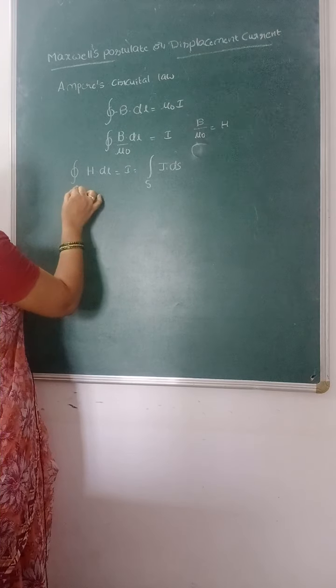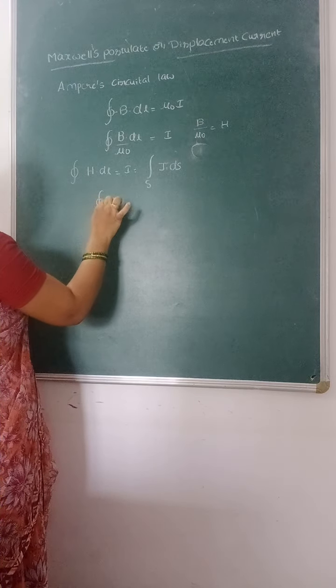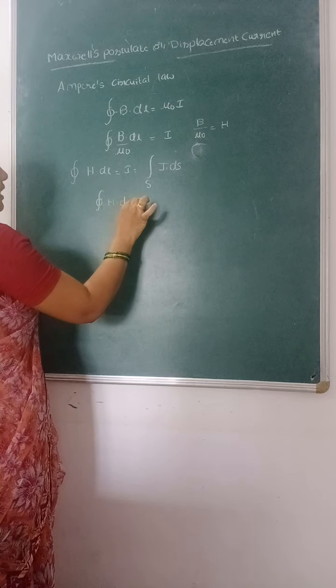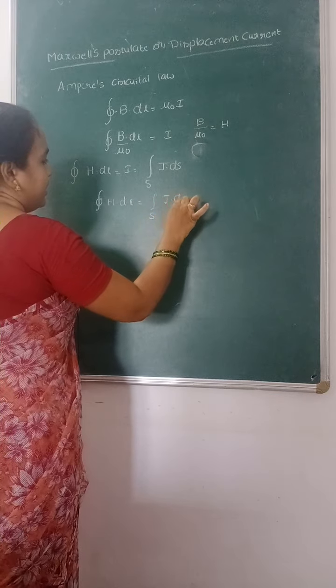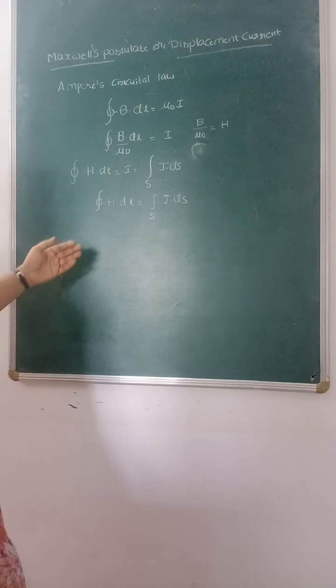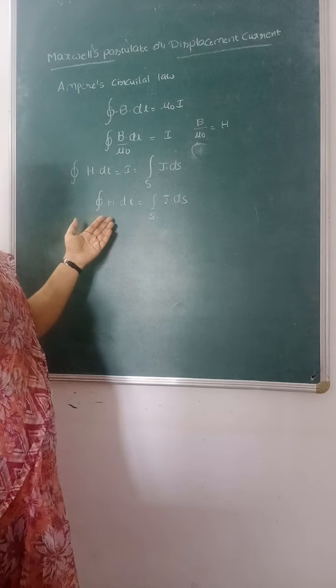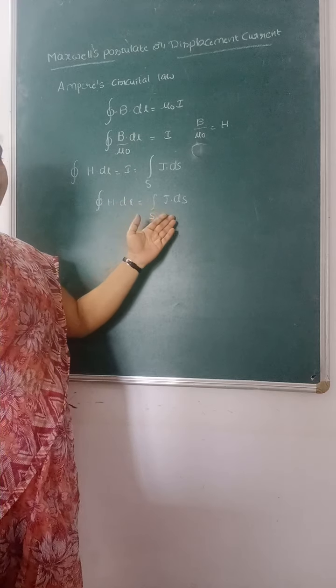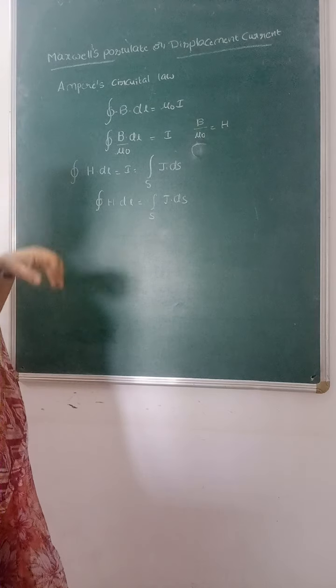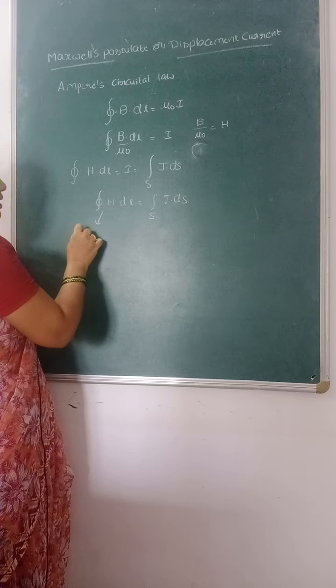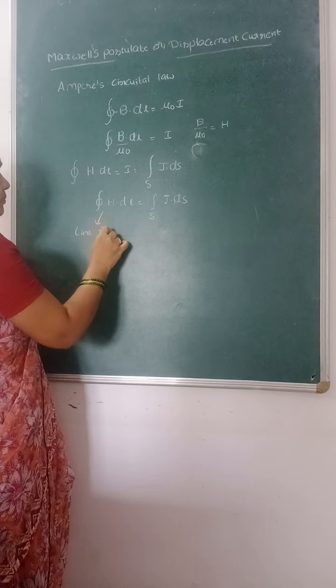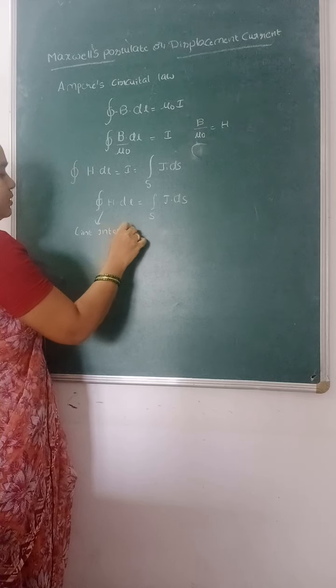So the line integral of H dot dl is equal to the surface integral of J dot ds. On the left hand side the integral is a line integral, on the right hand side we have the surface integral. So we will convert this line integral into a surface integral by using the Stokes theorem.